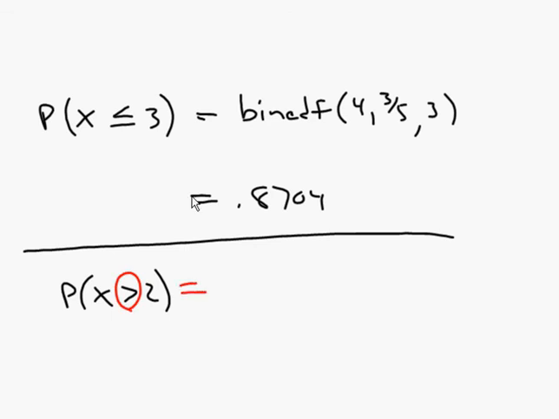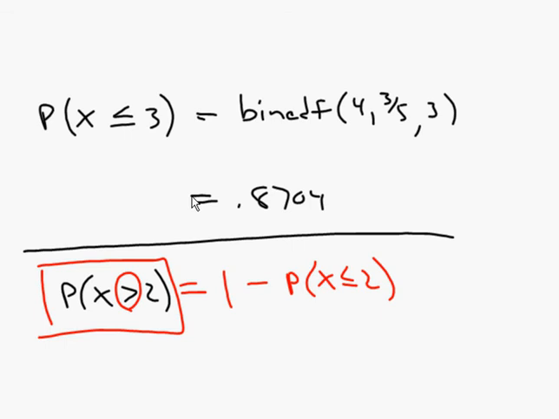The opposite event of x greater than 2 is x less than or equal to 2. So if I do 1 minus that probability, I'll get the probability that I want. Anytime you see probability x is greater than some number, you do 1 minus the probability x is less than or equal to that number.